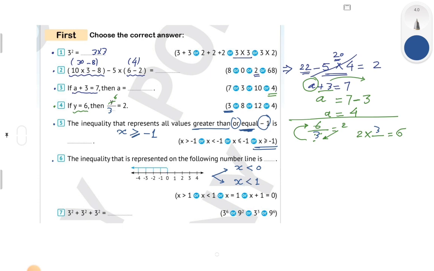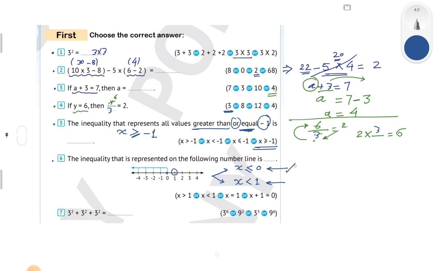But in the case of 0, he started from 0, so 0 belongs to the inequality. But 1 doesn't belong to the inequality. So when I write this inequality, I have to write this equal sign. But when I use the number 1, 1 is out of the inequality, so there is no equal here.